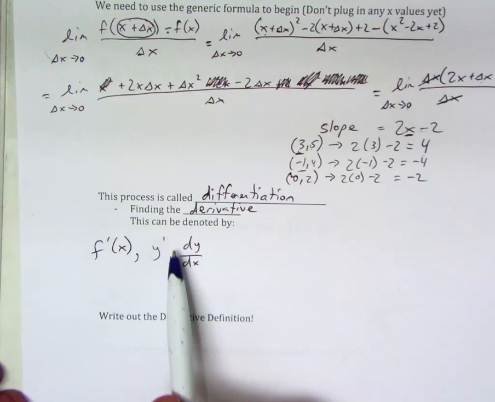This is an important definition, and this finds you the derivative of a function, which allows you to find slopes of tangent lines at specific points. It's the definition we're going to have to know and understand what it's doing. It's basically finding slope between 2 points as the x value between those 2 points gets really close to 0. And that's what this is doing.